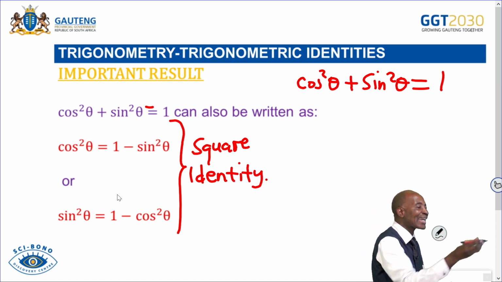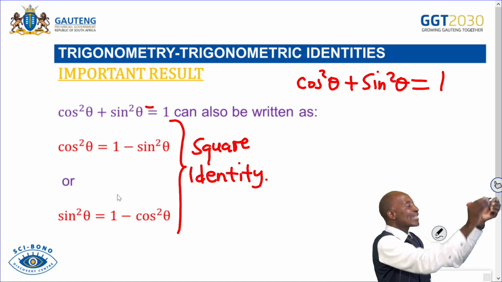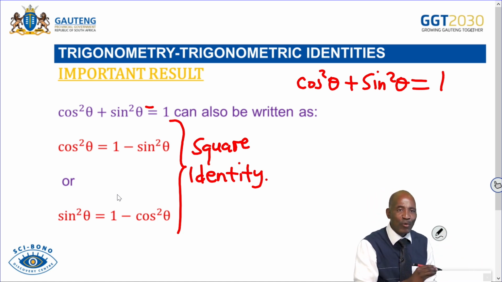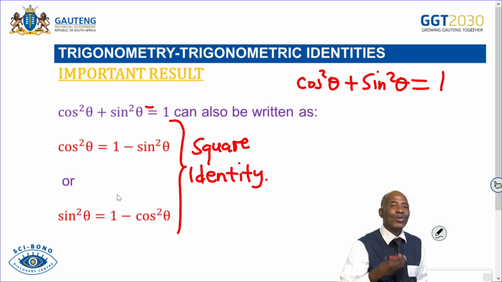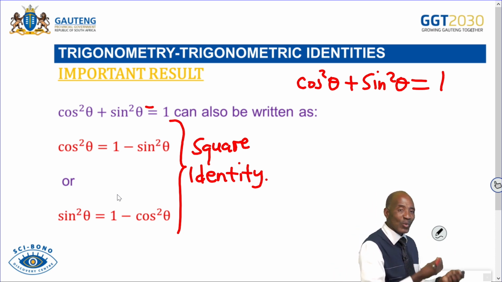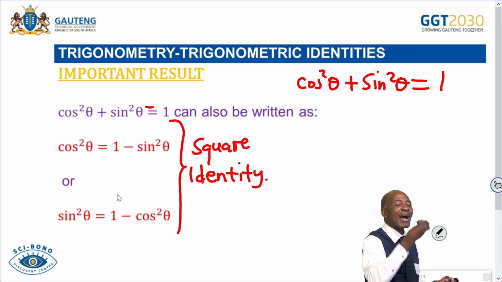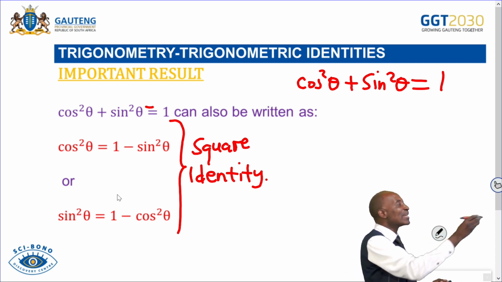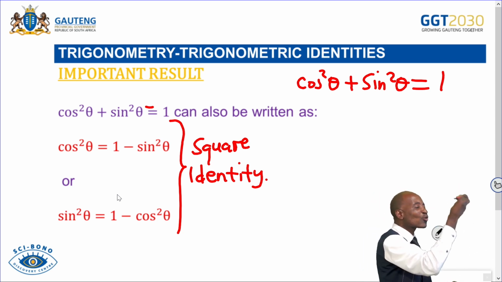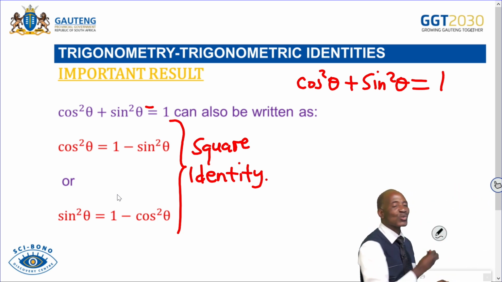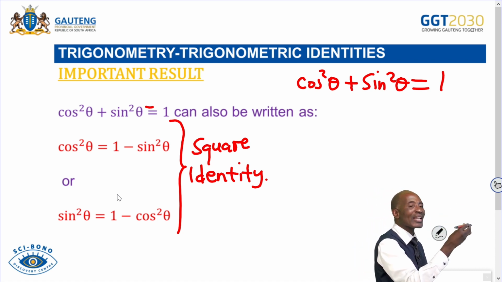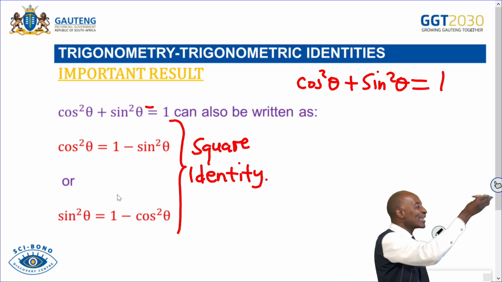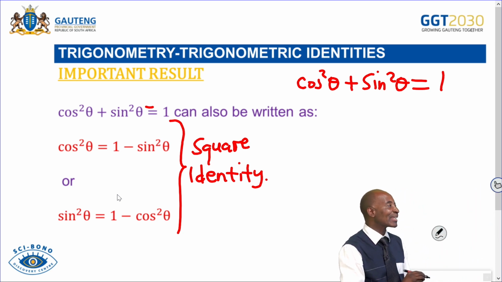We call it a square identity because on both the left-hand side and right-hand side it is made up of square numbers. The moment you say cos squared theta, it means it's a square number. Sin squared theta, it means it's a square number. Otherwise, 1 squared is 1, so 1 is also a square number. Therefore, these three represent the same thing.